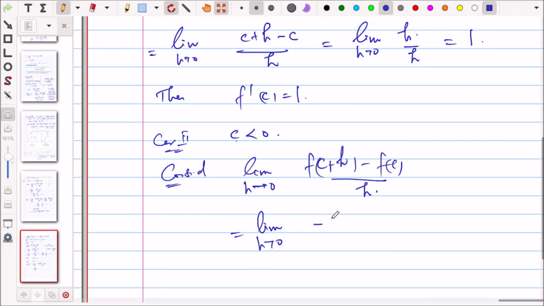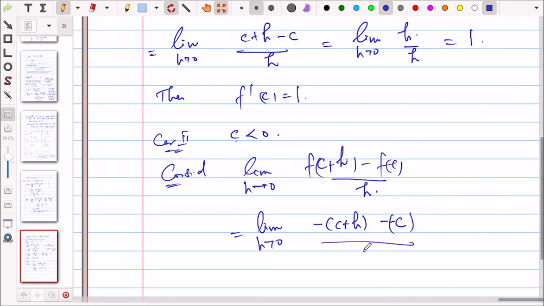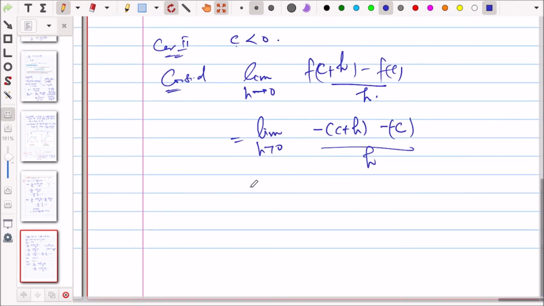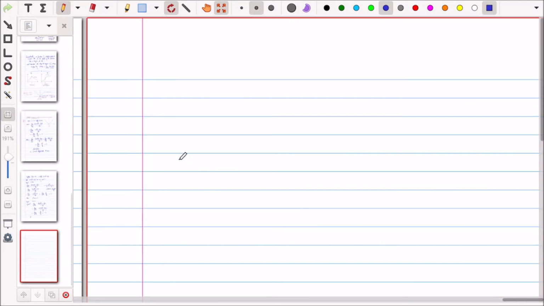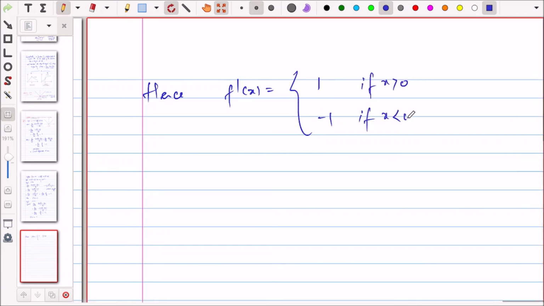So this will be minus of c plus h minus c upon h, which equals minus h by h. So f dash c is equal to minus 1. Hence f dash x is equal to 1 if x is greater than 0 and minus 1 if x is less than 0, and f is not differentiable at 0.